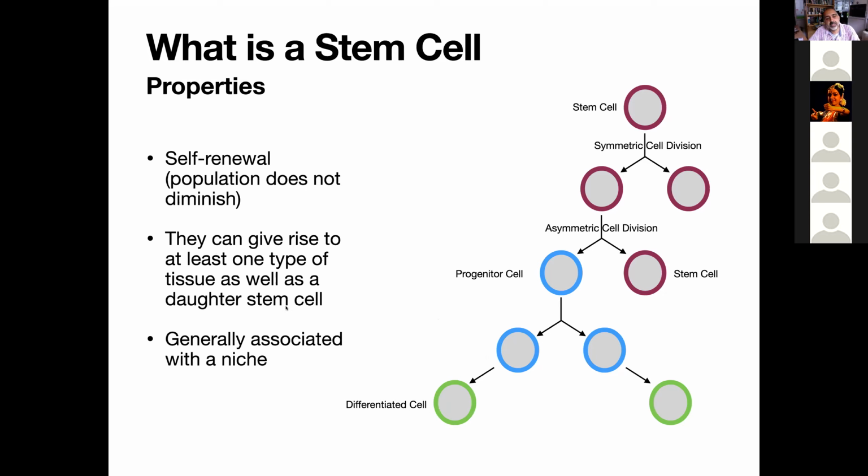And so in this respect, a stem cell is bipotential. That's the lowest potential that a stem cell can have. It can give rise to two types of cells, the differentiated cell type as well as itself. A progenitor cell we can start thinking of as more unipotential.